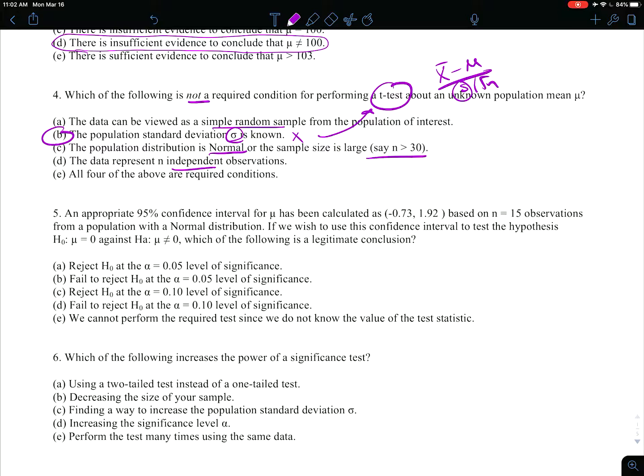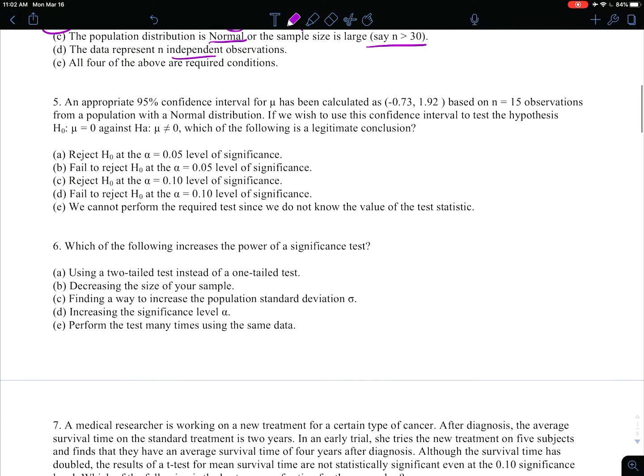An appropriate 95% confidence interval for mu has been calculated as this guy here, based on 15 observations from a normal population. All that's good. We want to test the hypothesis that mu is 0. I probably could have guessed that based on this interval. Which of the following is a legitimate conclusion? Now, 0, the null, falls in the interval. Therefore, it is one of the plausible values that could be the answer to whatever the context of this problem is.